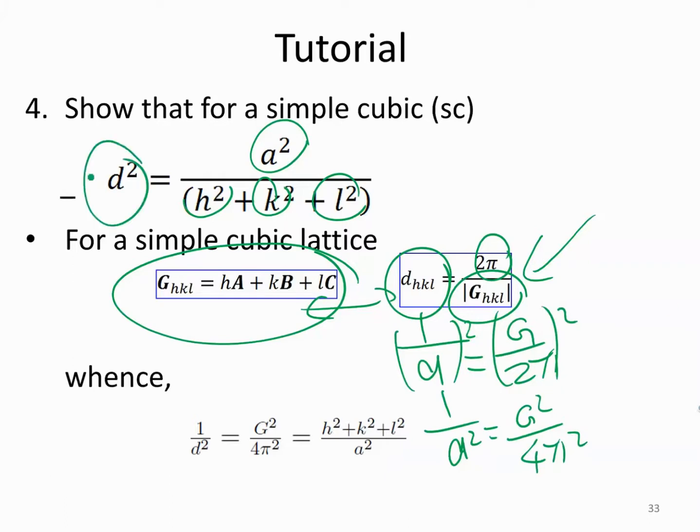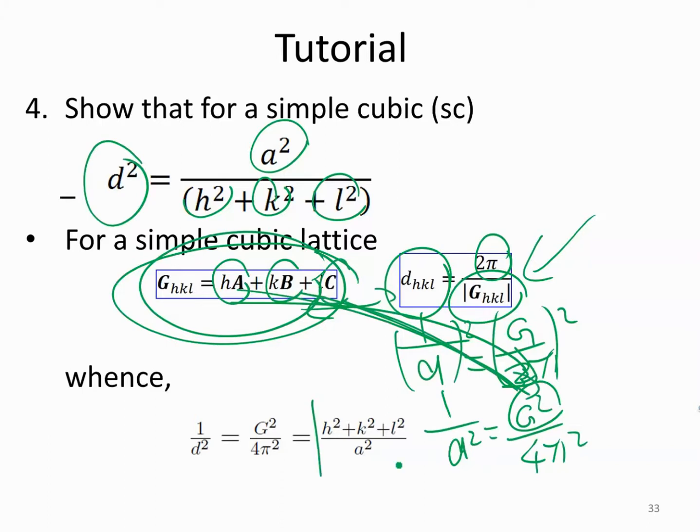Then you substitute G square into here, so you get HA here, KB here, LC here. Substitute here, then you will get H square plus K square plus L square over A square.